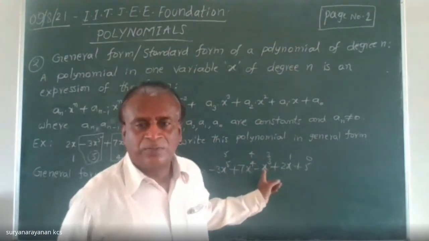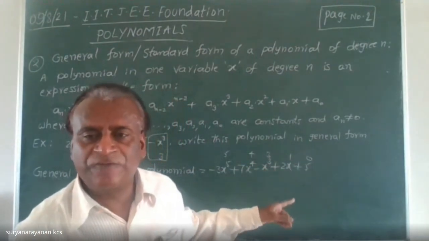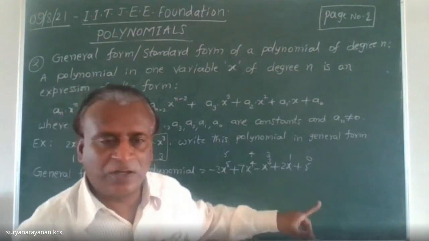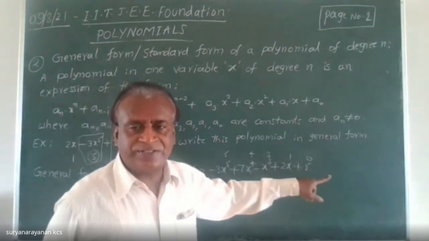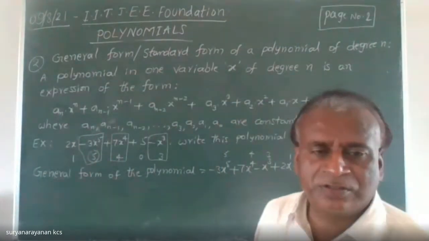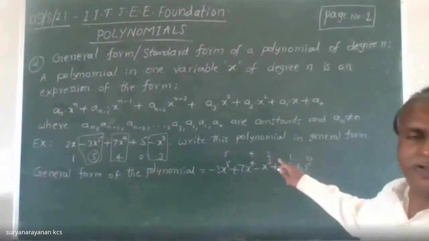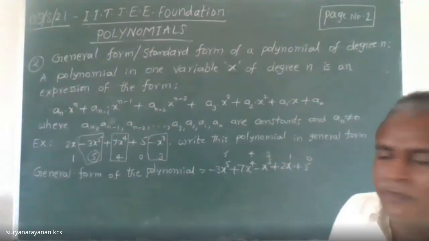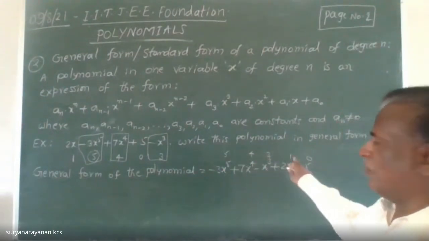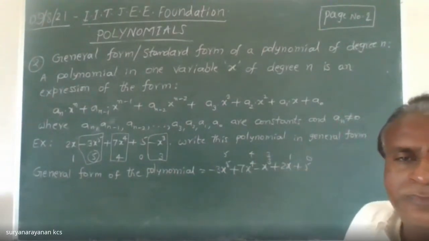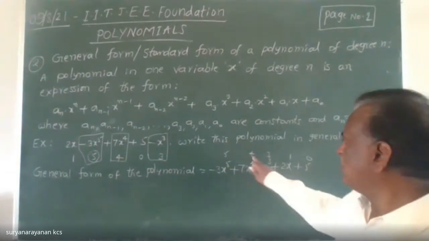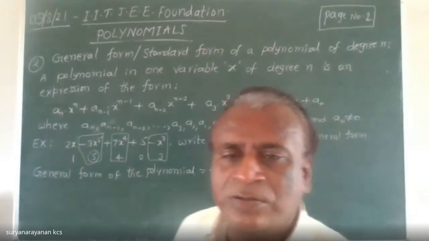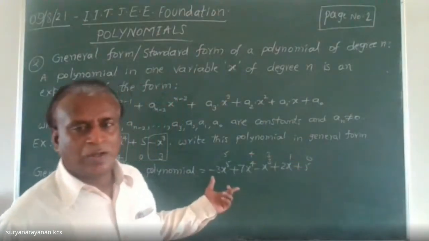Observe the order of powers of x, the exponent of x. Are these numbers in descending order or not? 5, 4, 3, 1, 0. Descending.